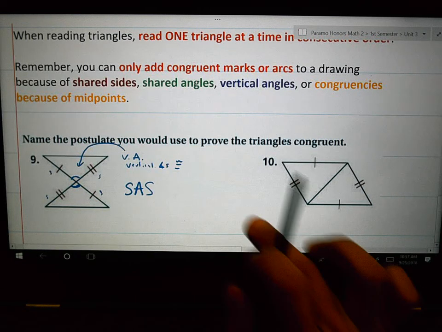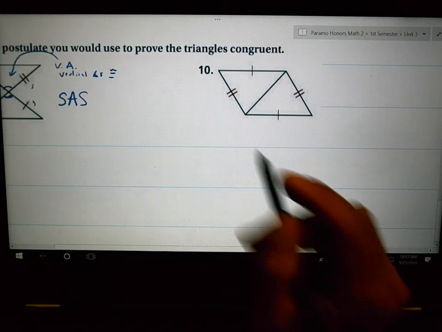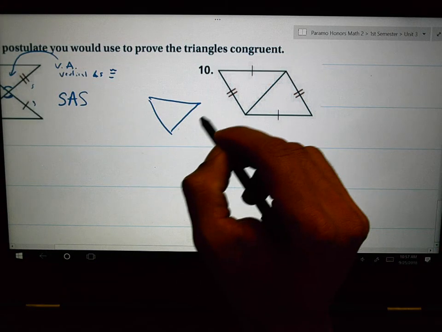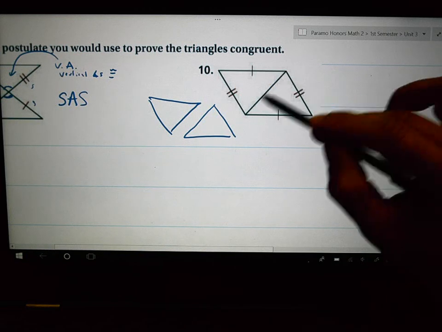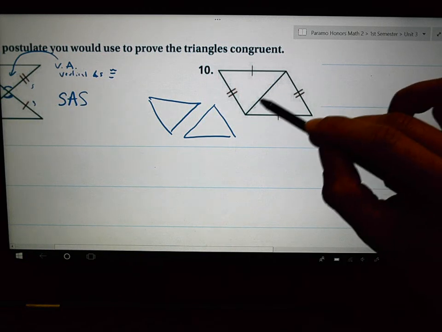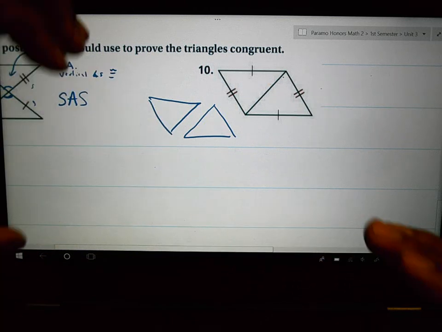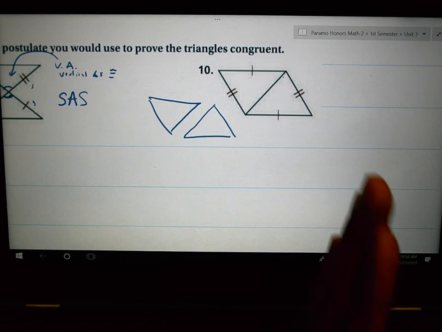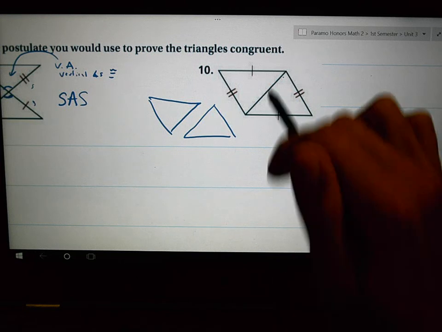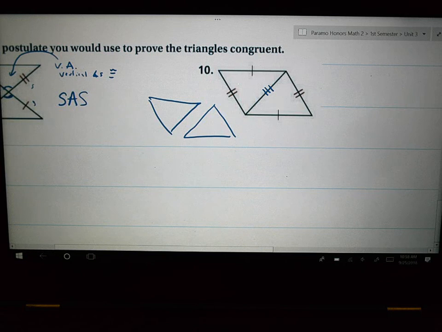If you were to split these two triangles into two, and you had a triangle up here and a triangle down there, is this line the same in both triangles? Are they congruent to each other? If there's ever a shared side, like this one is, you can add that the third side is the same in both triangles.